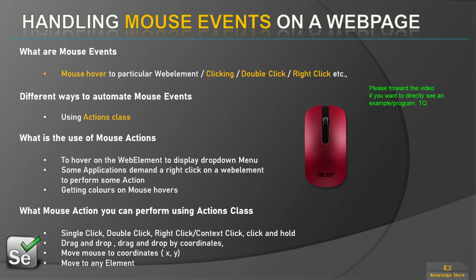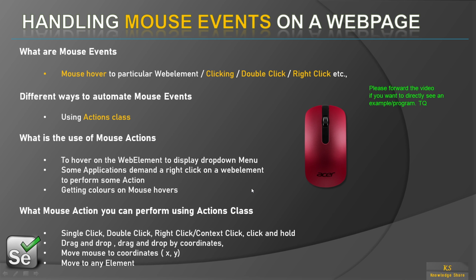So what is the use of these mouse actions, where is it used in real time? Sometimes you might have challenges moving to a web element. Until and unless you move to that web element, you cannot click on some things. In those cases, it will help you hover over the web element and display the drop downs.